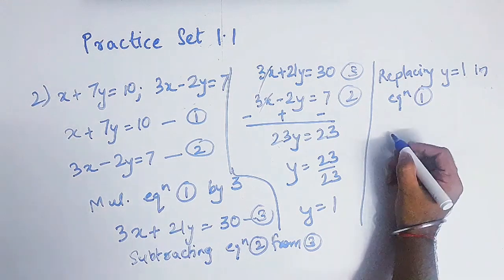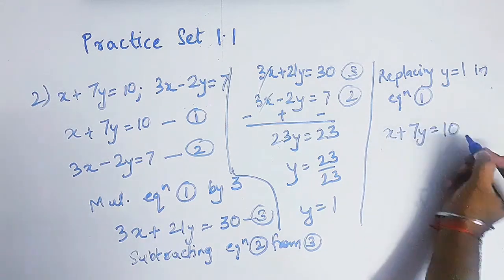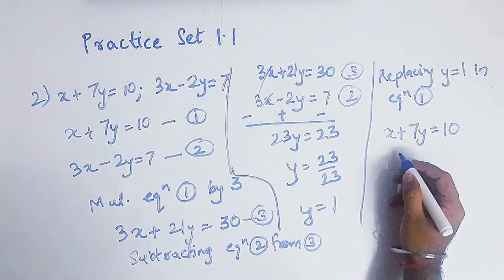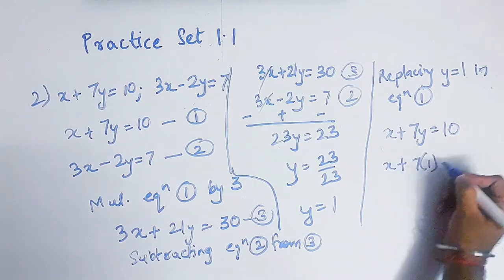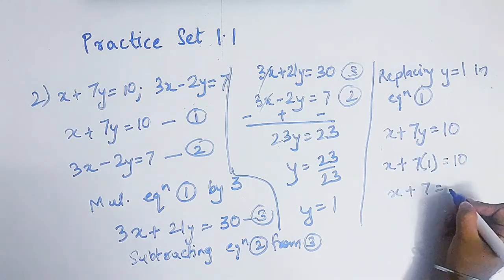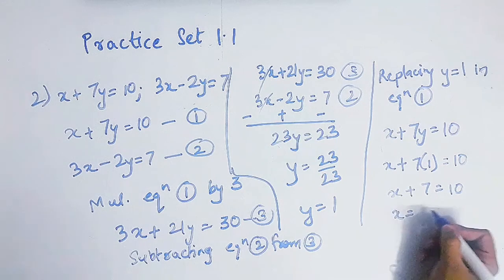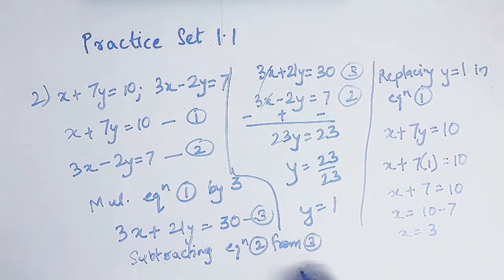So x plus 7y equals 10. x is x, 7 into y is 1, equals 10. So x plus 7 equals 10. x is equal to 10 minus 7. x equals 3. So we got the value of x as 3 and y as 1. This will be your final answer.